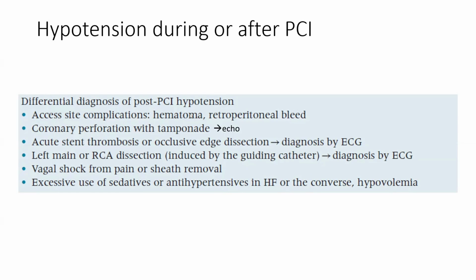It could be an access complication, whether an obvious hematoma or a retroperitoneal RP bleed, or it could be coronary complications, such as coronary perforation with tamponade, hence think of echo, acute stent thrombosis or occlusive edge dissection, which is often diagnosed by EKG, or it could be guide dissection, unrelated to wherever you actually stented, left main or RCA guide dissection, which will lead to a large infarct and a lot of hemodynamic compromise.